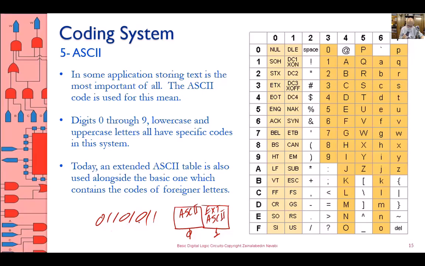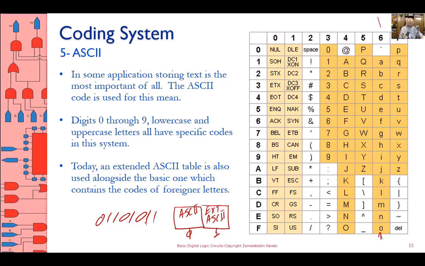Look at the number I have: 0, 1, 1, 0, 1, 0, 1, 1. What is this in ASCII? First of all, because the leftmost bit is 0, it fits in the ASCII table, meaning it is something in my table that I'm showing. Then it is 110. 110 is 6, and therefore it is in the 6th column.